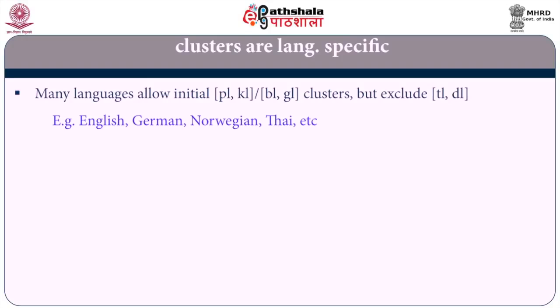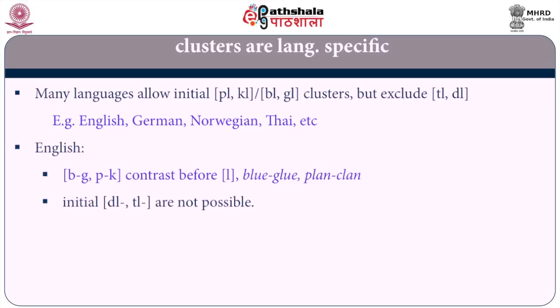It's nothing to do with the ability to pronounce. We can all say tla, we can say dla, but they don't allow it, right? English makes a contrast between ba and ga, pa and ka before la. So you have blue, you have glue, you have plan versus clan, you contrast. But dla and tla are not possible, as I said, right?